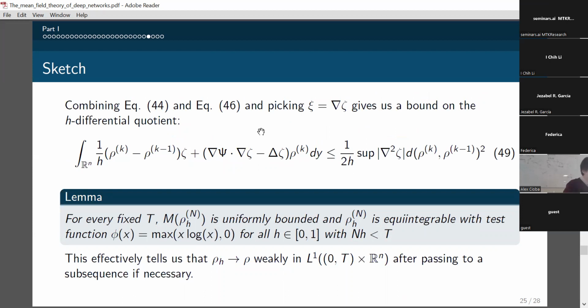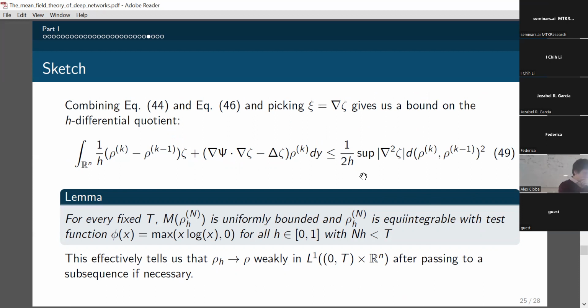So this is effectively after taking the dual differential operator by integrating by parts, and it's bounded above by this constant times the square of the Wasserstein distance between rho k and rho k minus 1.